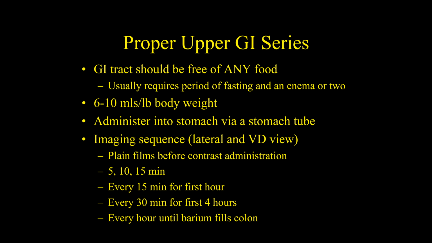Again, if you mix barium with food, how are you going to know once it gets into the stomach if the filling defect you're looking at is due to a foreign object or is due to food? Can't tell. Okay. So once you give the barium into the stomach via a stomach tube, then immediately start shooting films. So as soon as you get the stomach tube out, you place the dog on the x-ray machine and you start shooting images.